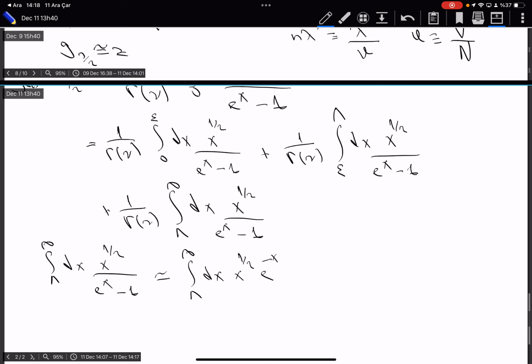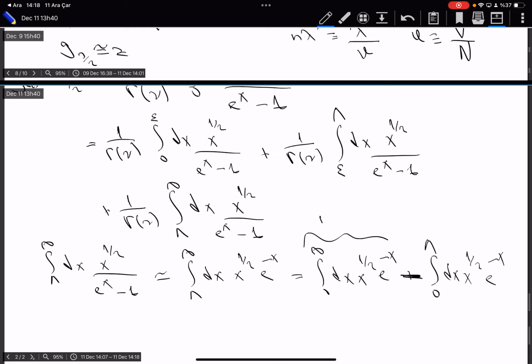If you like, you can write this as from 0 to infinity minus 0 to lambda. In the second integral, the integrand is finite, the range is finite, so it's finite. The first integral is the famous gamma function.